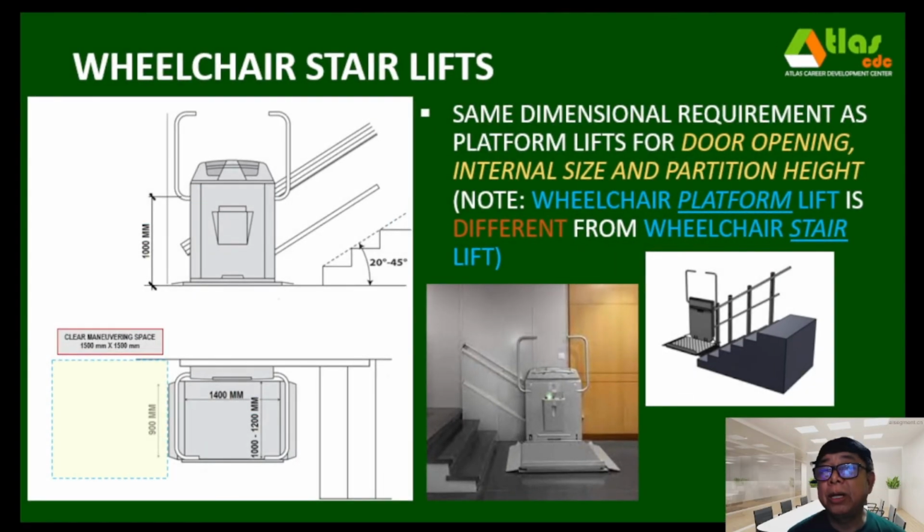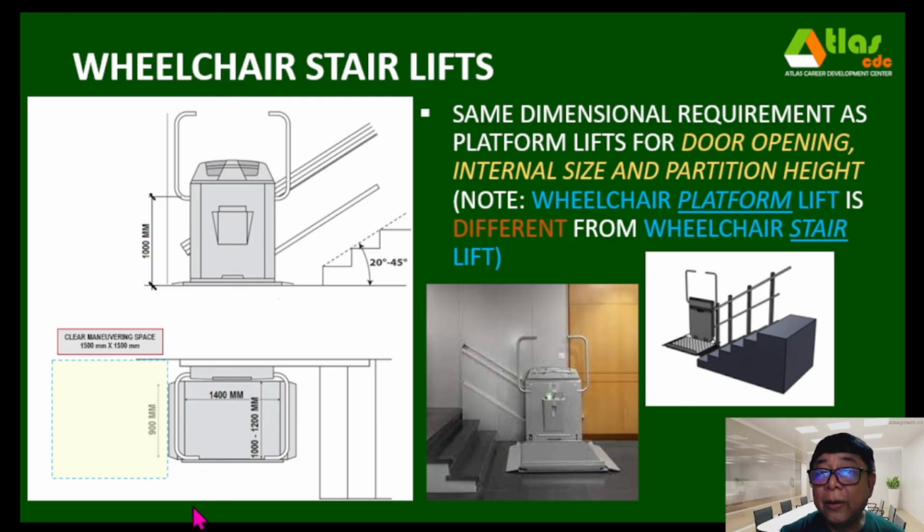So we now go to the requirement for wheelchair stair lifts. So it says that the same dimensional requirement as platform lifts for door opening, internal size, and partition height shall be considered. However, we have to note that a wheelchair platform lift is different from a wheelchair stair lift.